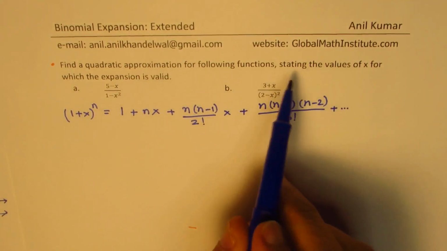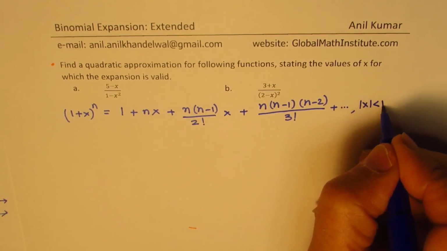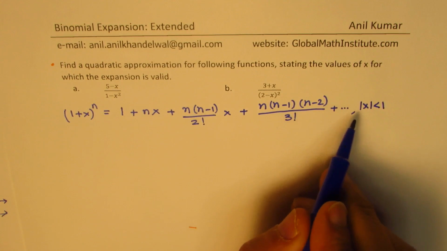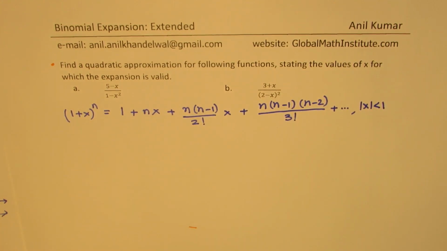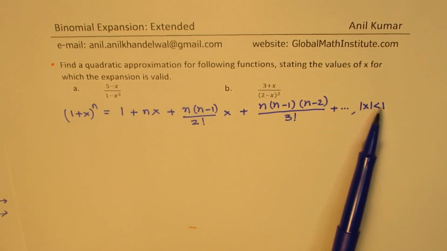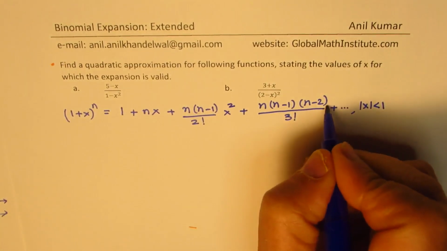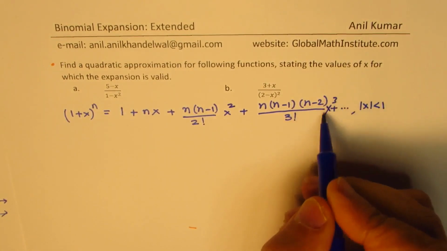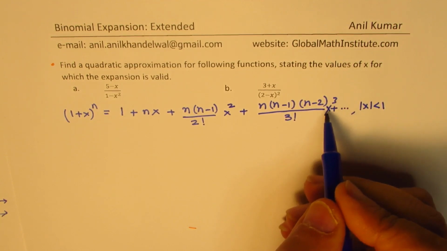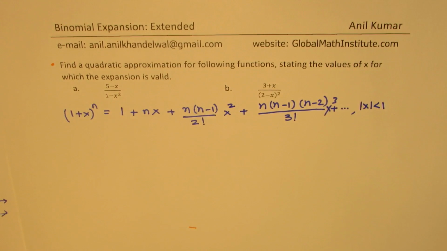And the second part is stating the restriction. We know that the absolute value of x should be less than 1 so that this series converges and we could get a value, correct? Now, if the absolute value of x is less than 1, then higher powers, this is x squared and this is x cubed, will be much, much smaller and they can be neglected. So that is the whole idea, right?